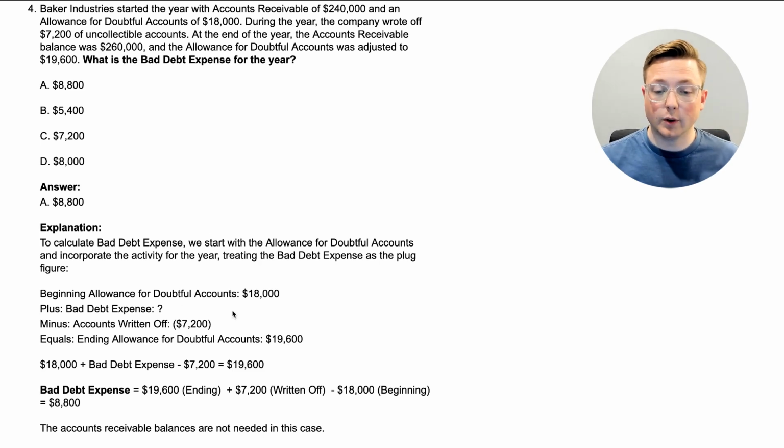You can do it one of two ways. You can either take the $18,000, subtract the $7,200, and then subtract that amount from the $19,600. Or you can just start with the $19,600, the ending, add the amount written off, subtract the beginning, and that will give you the bad debt expense. That will give you the plug. Because let's walk through this.